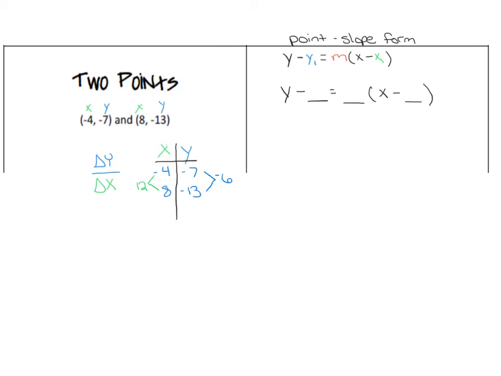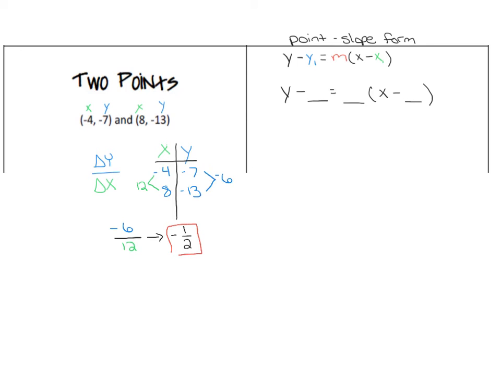So my slope is negative, -6 over +12. And then I can just reduce that fraction. So 6 goes into 12 twice, so this becomes -1 over 2. And you can assign that negative to the 1, or you can just say the whole fraction is negative.